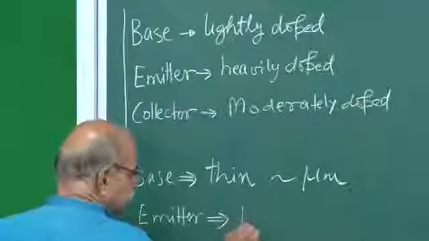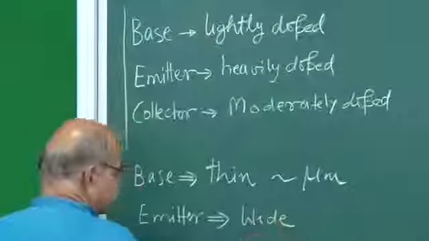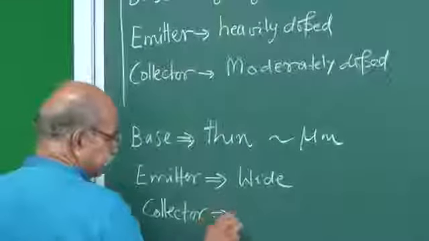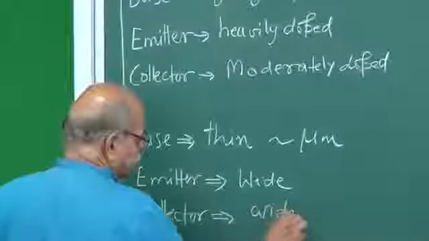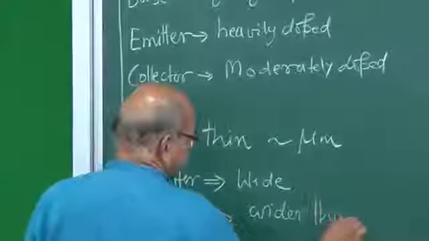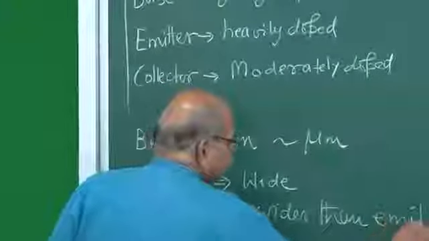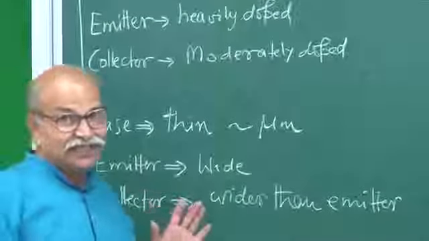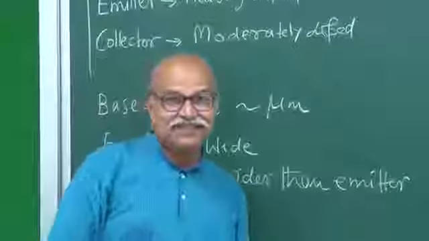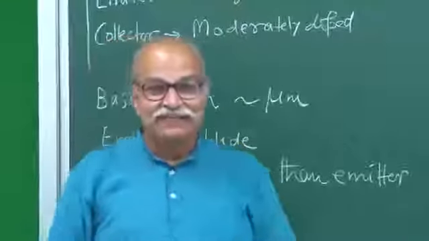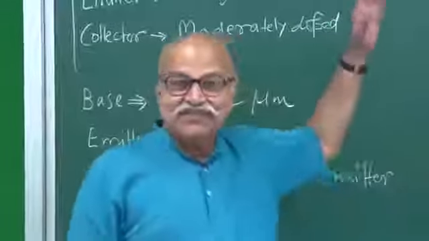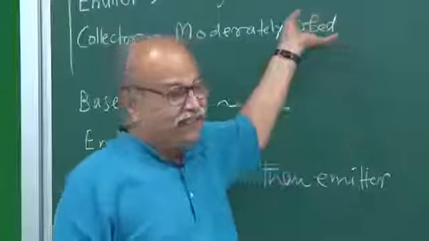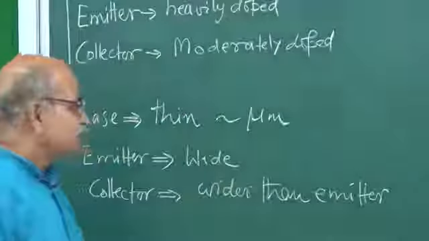And the collector is somewhat wider than the emitter. There is a purpose to it. That is why the transistor is so important, and can make so many useful devices, because of these parameters that people have searched for and created in such a transistor.